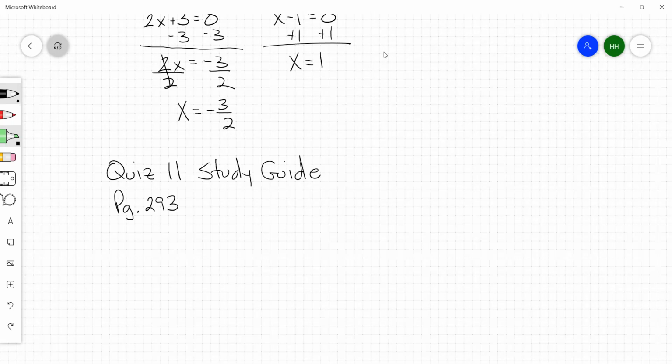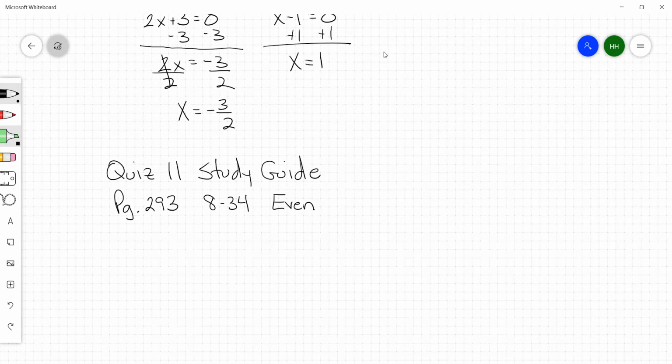That handout I gave you the other day. I want you to do 8 through 34. You're going to do the even numbered problems. 8 through 34 even. Okay?